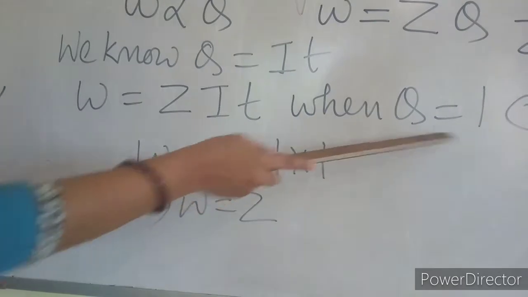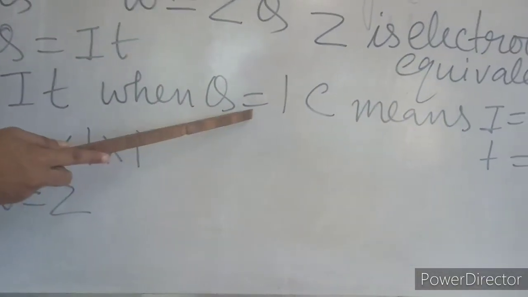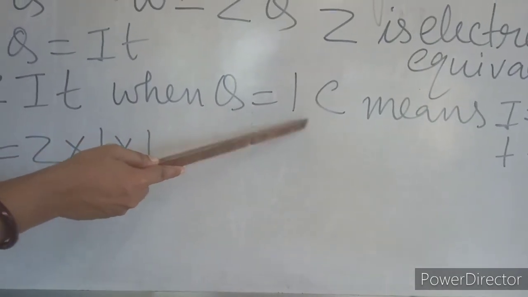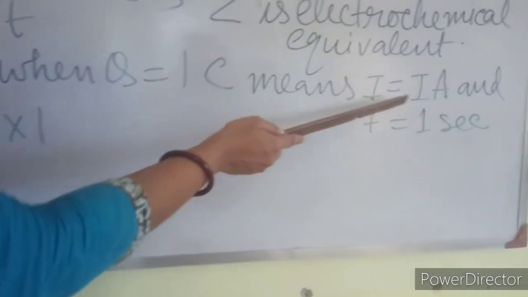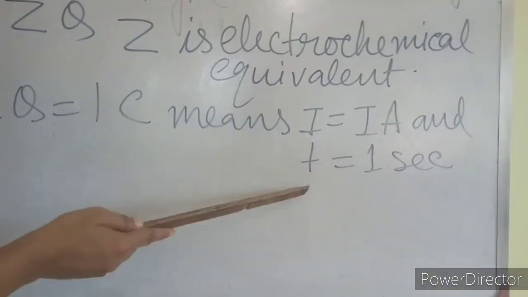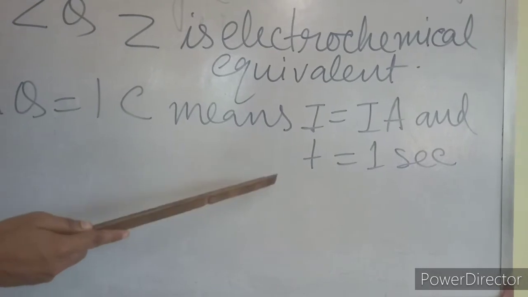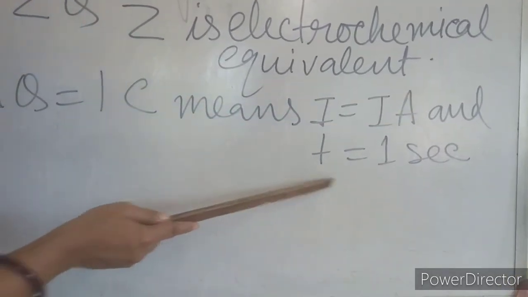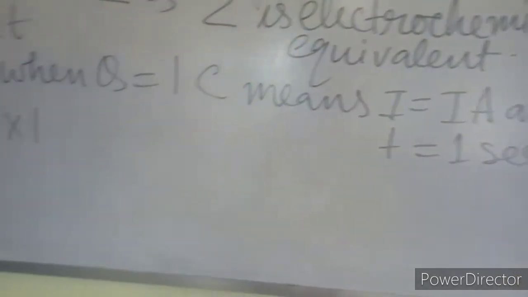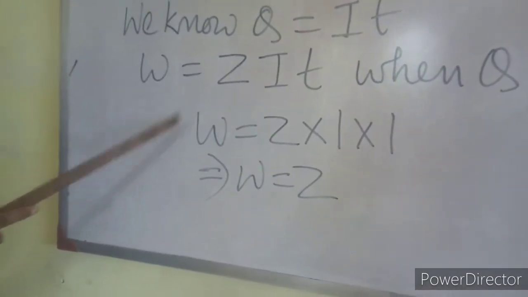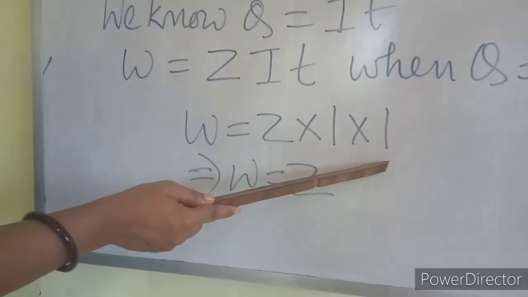Suppose Q equals 1 coulomb, that is 1 coulomb of charge is passed through the electrode. Q equals 1 coulomb means the current is 1 ampere and it is passed for 1 second. If I am passing 1 ampere of electricity for 1 second, my equation will be W equals Z into 1 into 1.